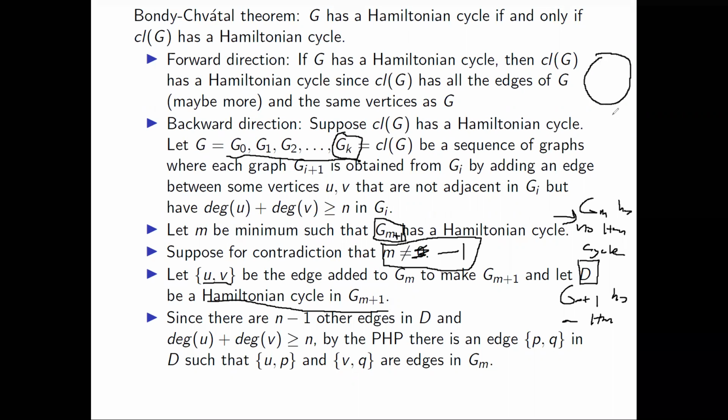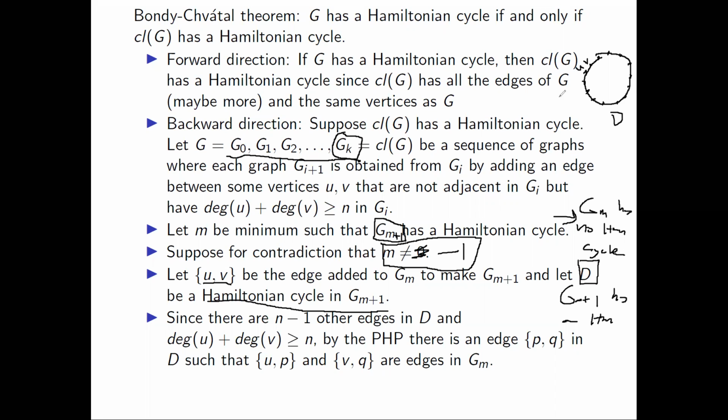So this is D. I'll draw a bunch of vertices on it. And we know D has to have that edge UV on it because GM has no Hamiltonian cycle, but GM plus 1 does have a Hamiltonian cycle. The only difference between the graphs is this edge UV. So this edge UV is what allows us to have the Hamiltonian cycle. So UV is an edge on that cycle.